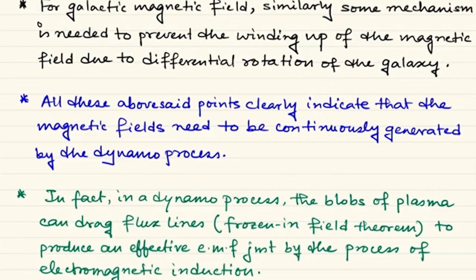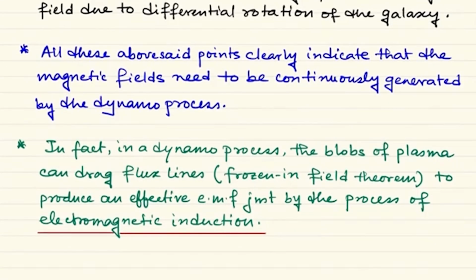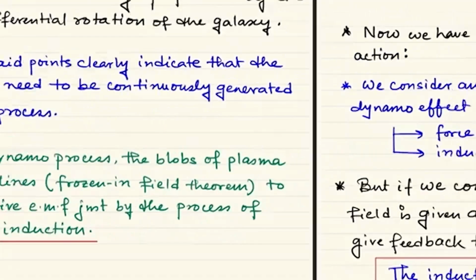So you can construct various situations where you have changing electromagnetic flux, and that creates an induced EMF just by the process of electromagnetic induction, and that is the basis of calling this whole process a dynamo process.